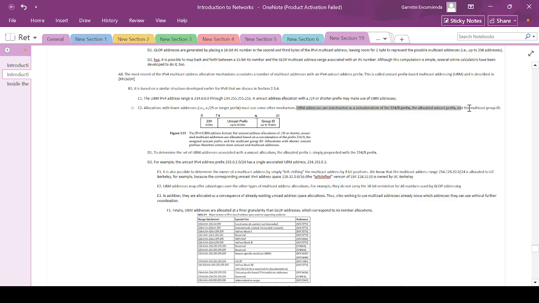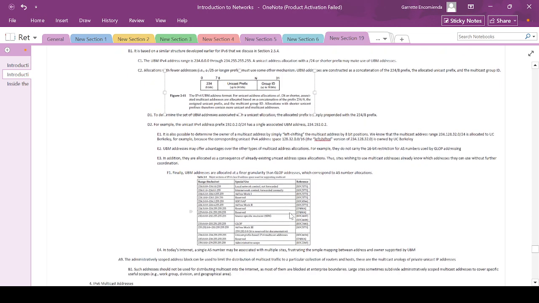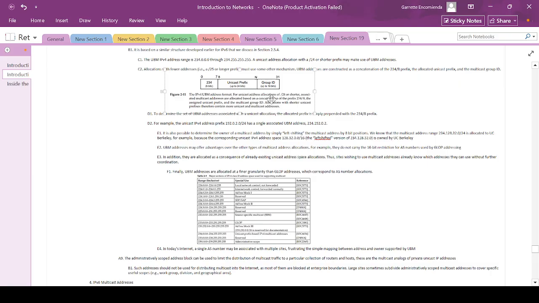UBM addresses are constructed as a concatenation of the 234/8 prefix, the allocated unicast prefix, and the multicast group ID. So this is 8 bits, the unicast prefix up to 24 bits. This is how you convert that unicast to multicast, and a group ID up to 16 bits.